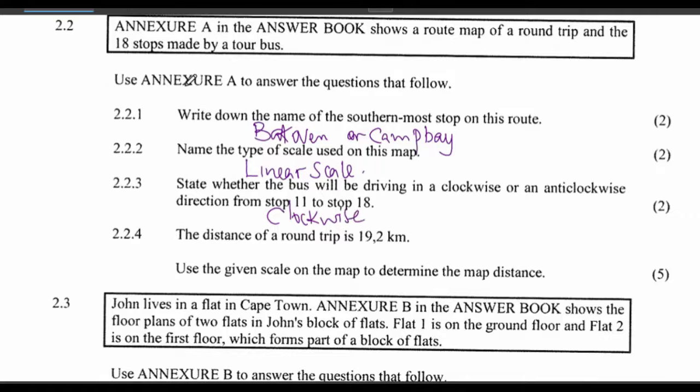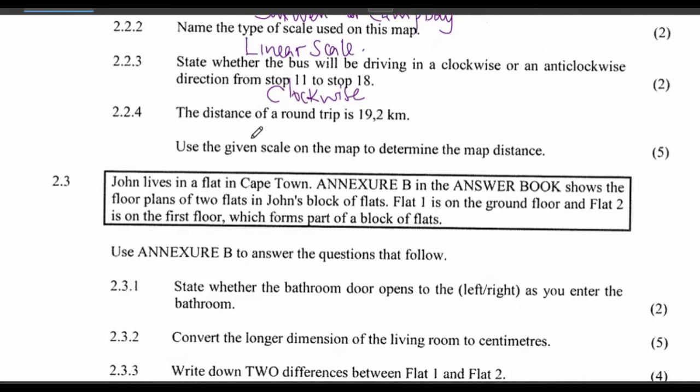Clockwise. The distance of the trip is 19,2 kilometers. Use the given scale on the map to determine the map distance. In other words, this is the actual distance, but we need it on the map. So you measure the bus scale. When you measure the bus scale, I got 12 millimeters.